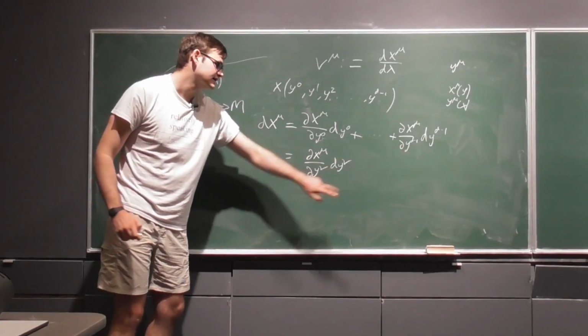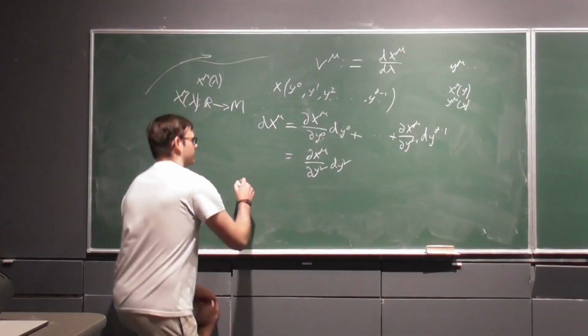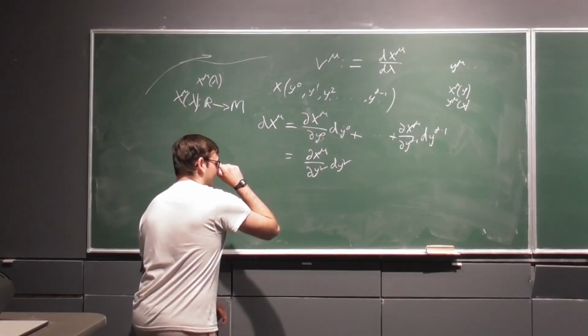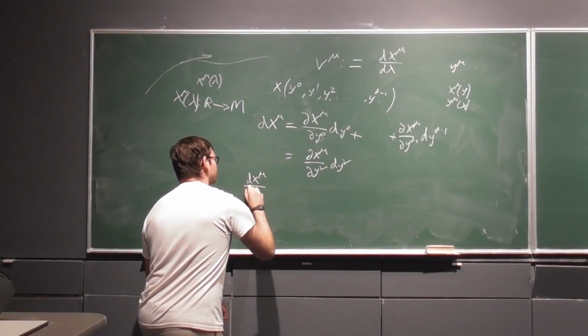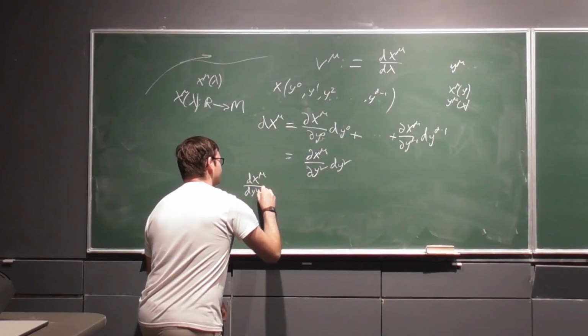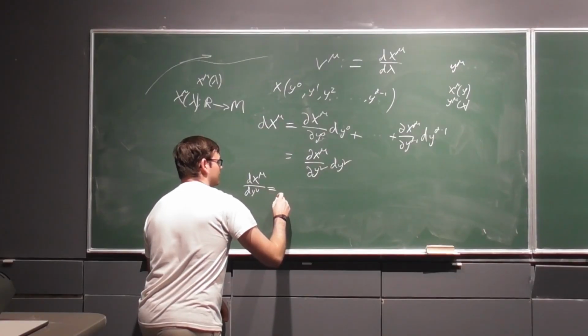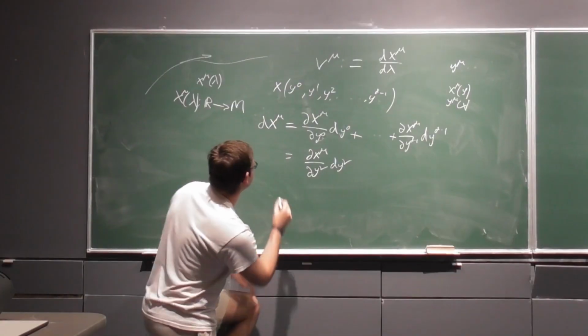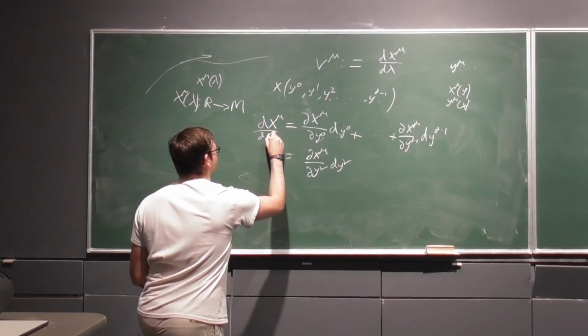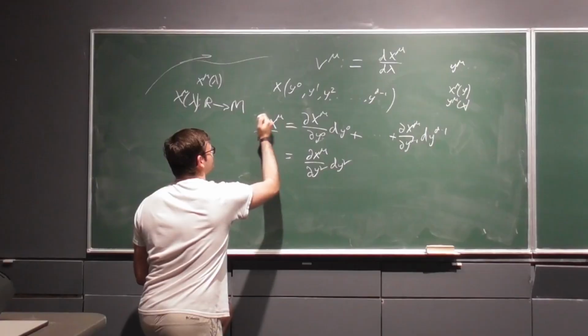I can divide by my dx nu, and I have dx mu over dy nu equals, so sorry, this is kind of like, I'll divide both sides by lambda, right?